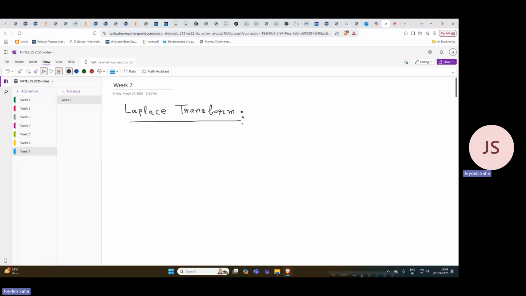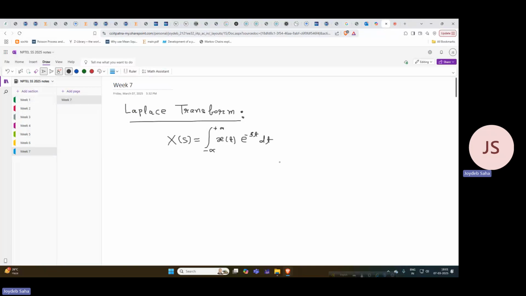If x(t) is a time domain signal, then its Laplace transform will be X(s) is equal to the integral from minus infinity to plus infinity of x(t) e to the power minus st dt.